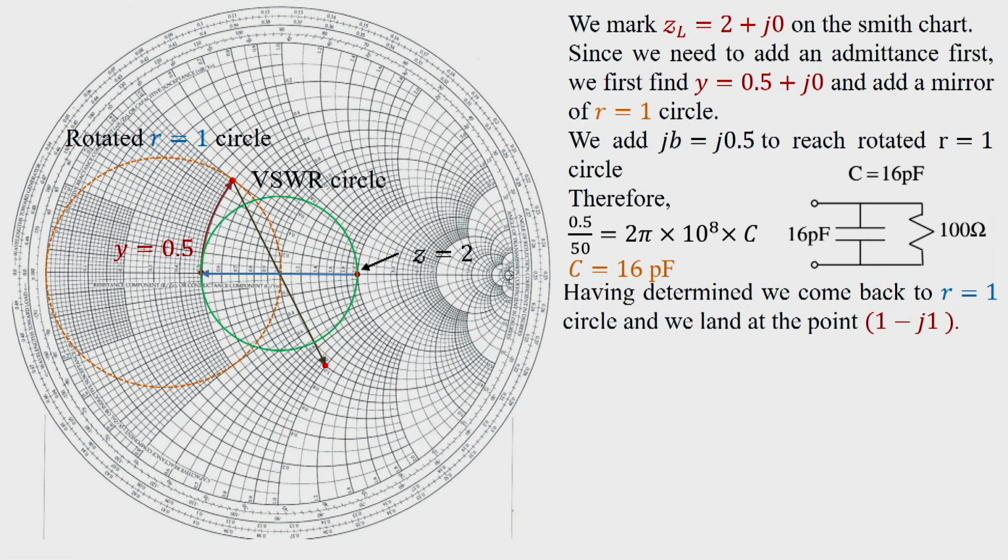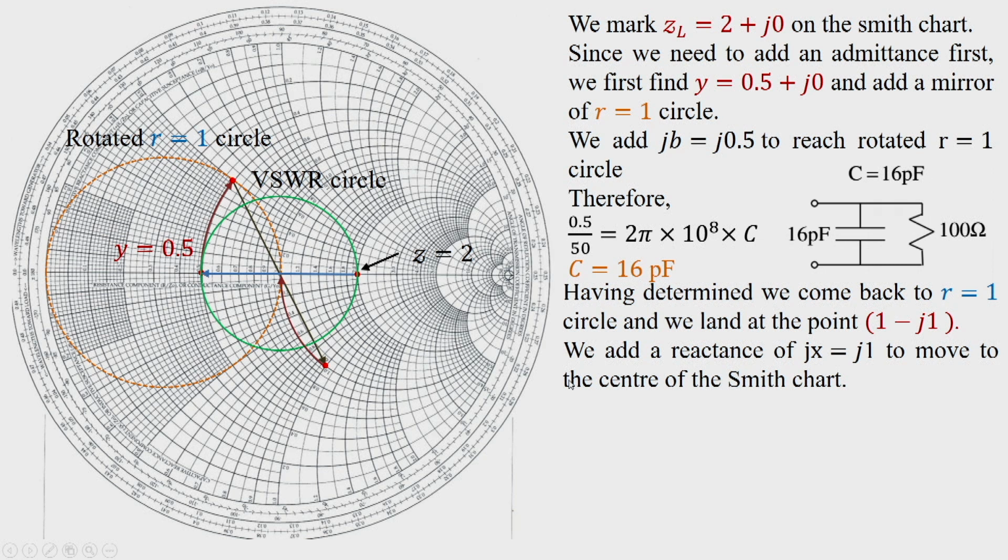At this point, we have the value of the normalized impedance to be 1 minus j1. That means, in order to reach the center of the Smith chart, we need to add a reactance of plus j, and once we do that, we reach the center of the Smith chart.